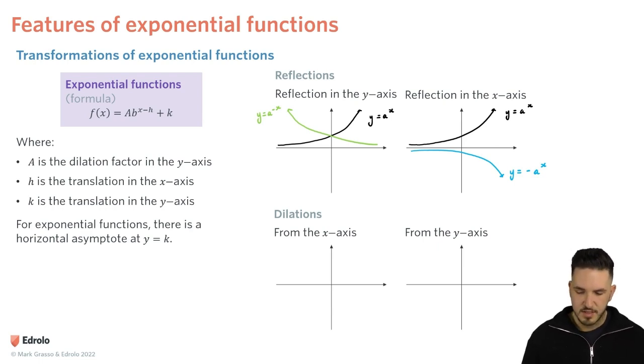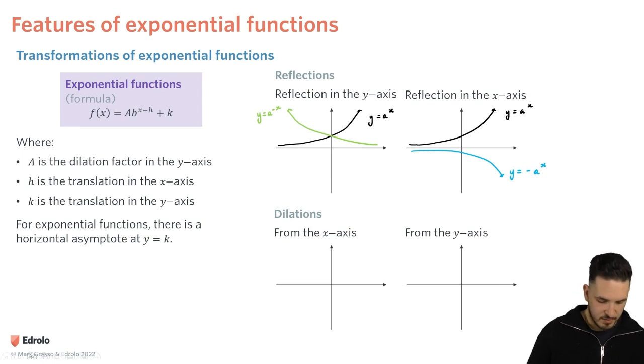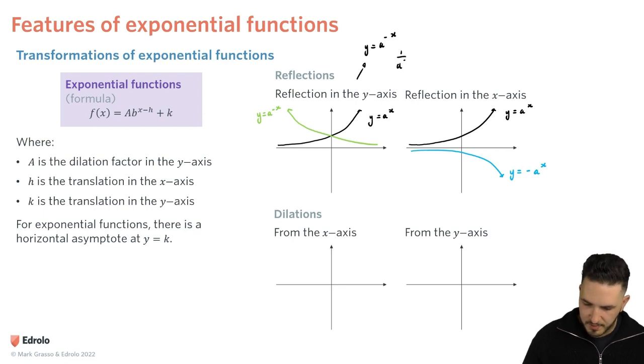I just want to touch on reflections in the y-axis. Some people may be getting confused with decay and why that resembles a decaying graph. Let's think about this for a moment. So let's say we had y equals a to the power of negative x. That's equivalent to 1 over a to the power of x.